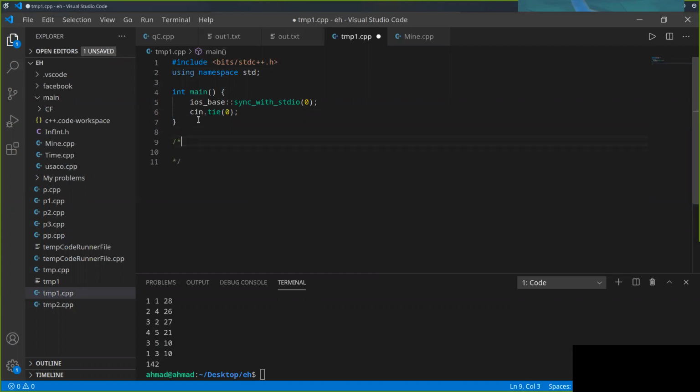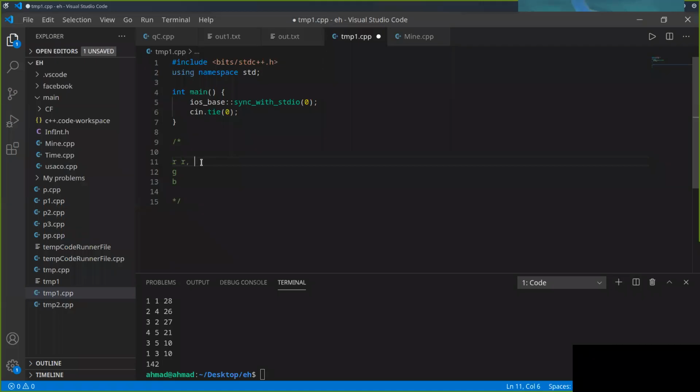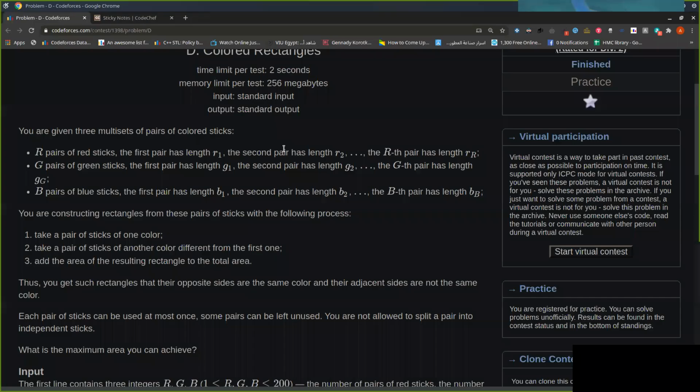So basically, I'm given three arrays. Let's call them R, G, B. Each array contains some pairs of sticks, and they don't have to be the same size.